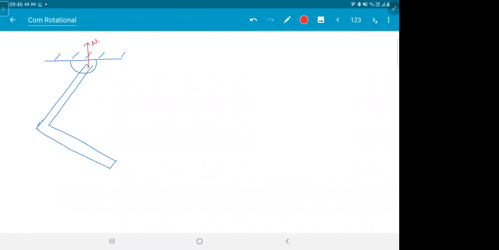So we have Ny, we have Nx. Now it is in equilibrium, so torque should be 0. Can anyone tell me where mg should pass from? Can mg be here? Will the torque be 0 about the hinge? The only place where mg can be is on this line. If you want torque to be 0 about this point, mg should be on this line. Right? Because Nx and Ny's torque is anyway 0.